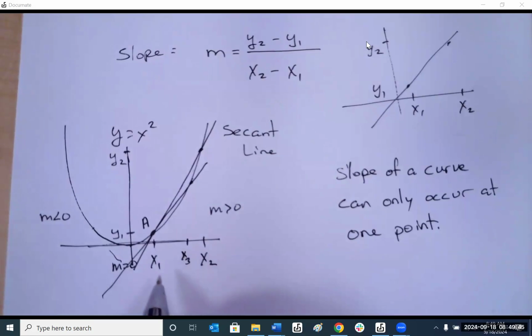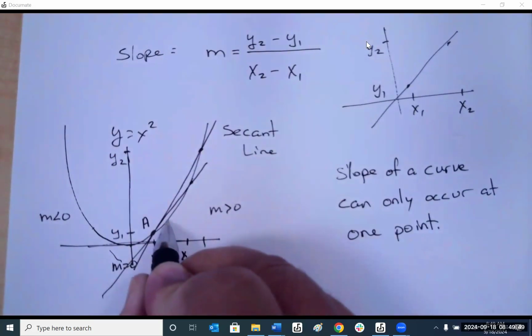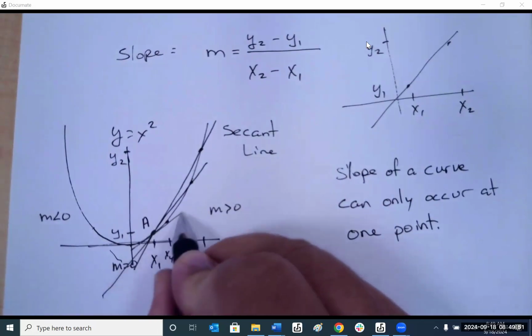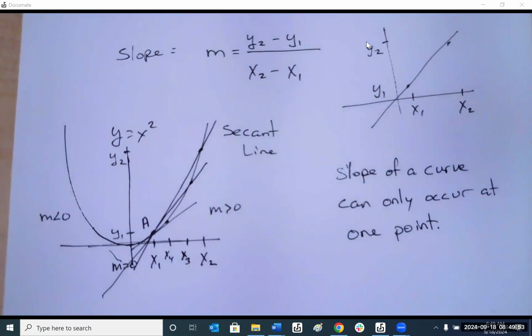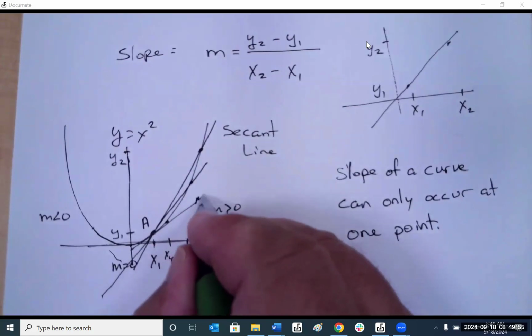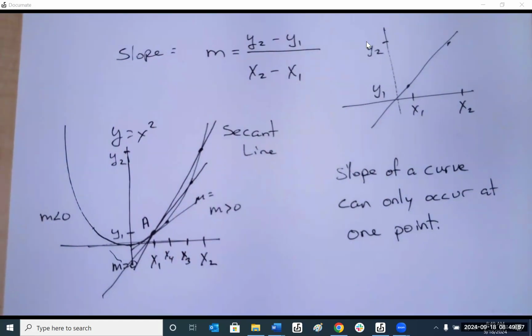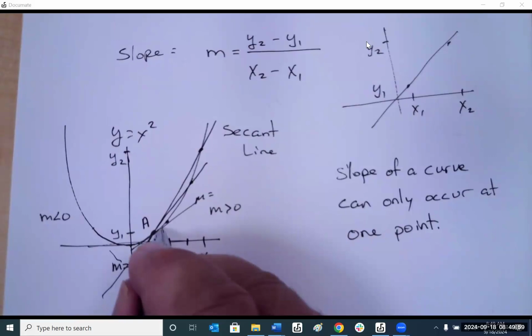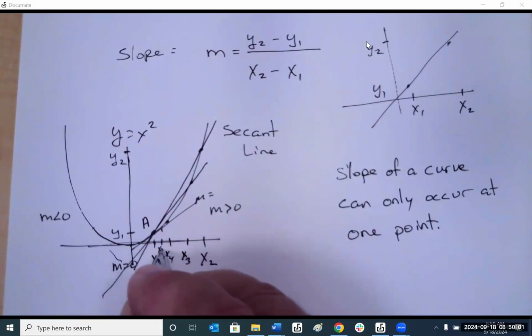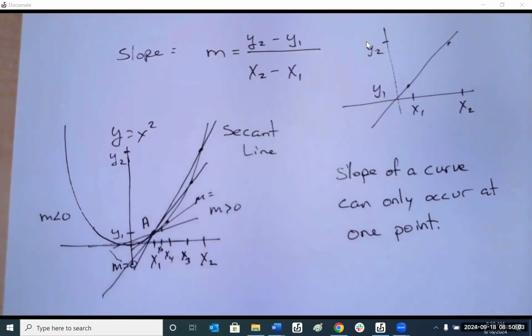And then if I get even closer, here's x4. I can find the slope of this line. And even closer. So what's happening here?